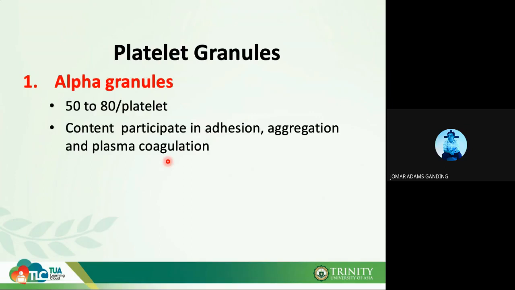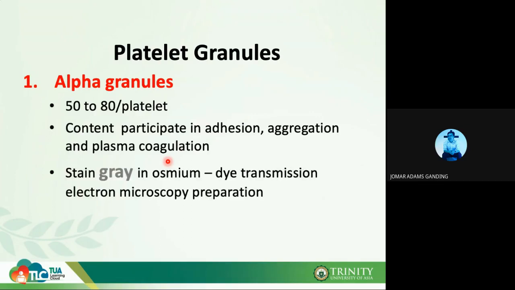So your alpha granules would stain gray in osmium dye. Okay, so under transmission electron microscopy, you would see your alpha granules colored gray. That is the reason why we actually have a type of platelet syndrome.